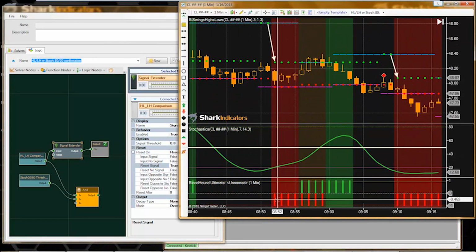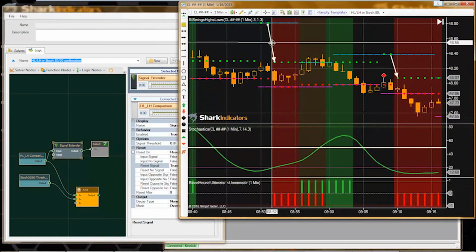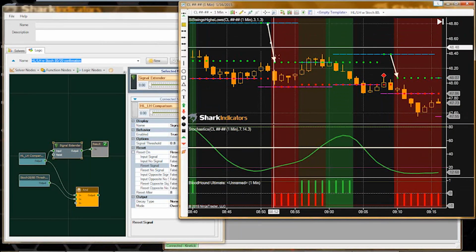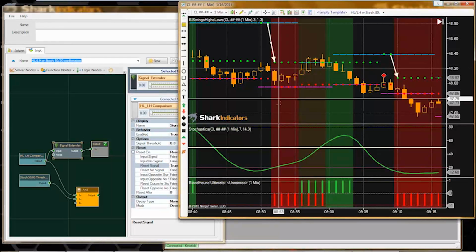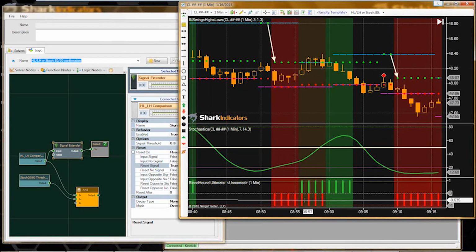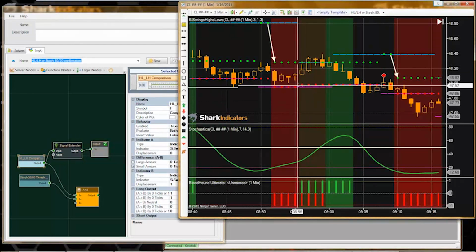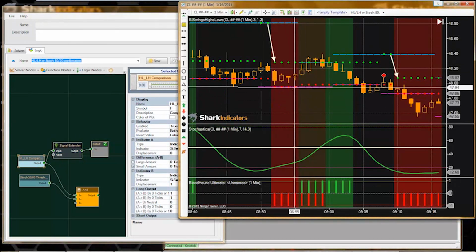Good example here. We can see that our indicator detected a lower high, and therefore it gave us a short output from our comparison solver. But then the indicator at the same time also detected this higher low.